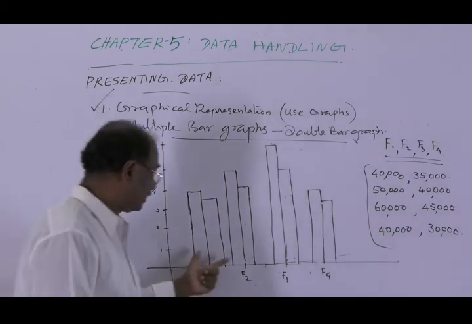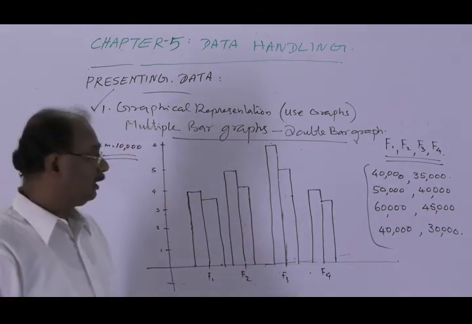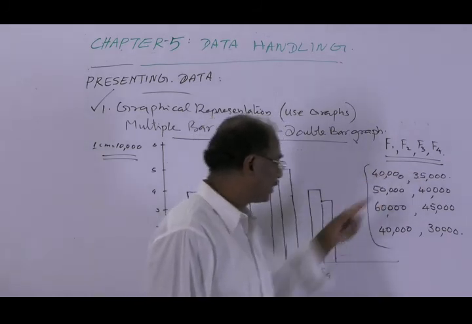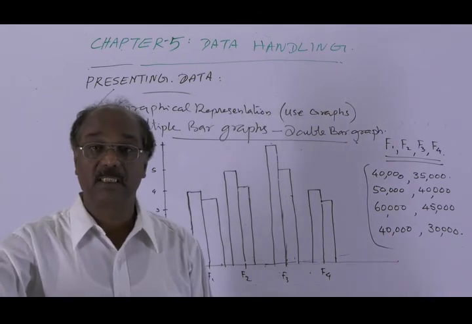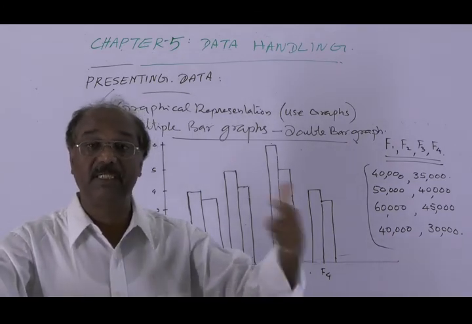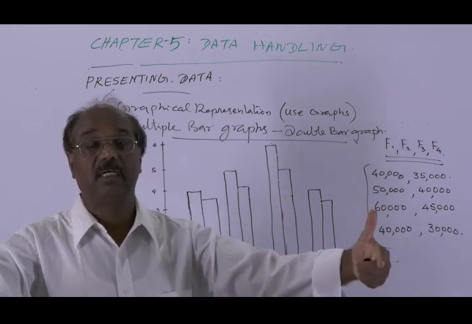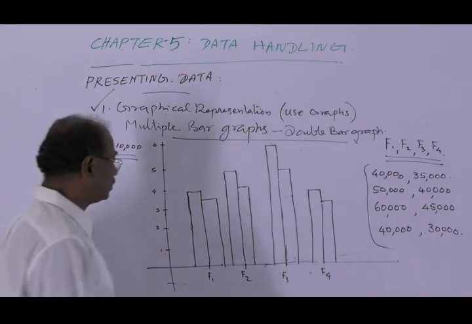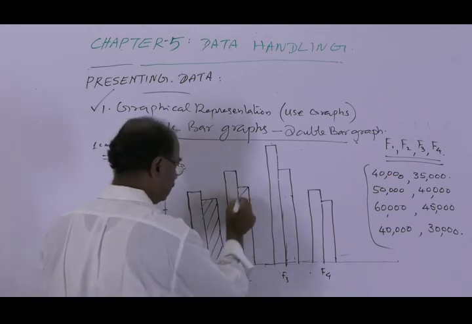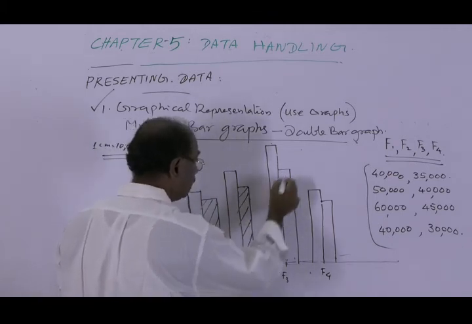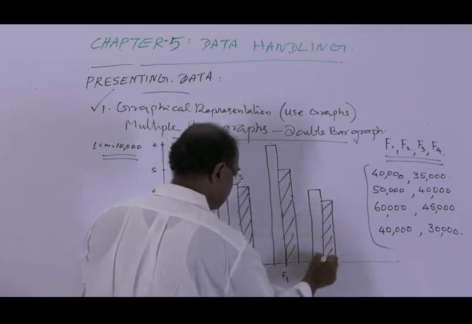So we see that these are the corresponding bars. But the bars corresponding to income and expenditure should be noted specifically to distinguish between these two. So one bar can be given a shading, and suppose the expenditure is shaded, so the second bar is shaded, for all these 4 blocks.